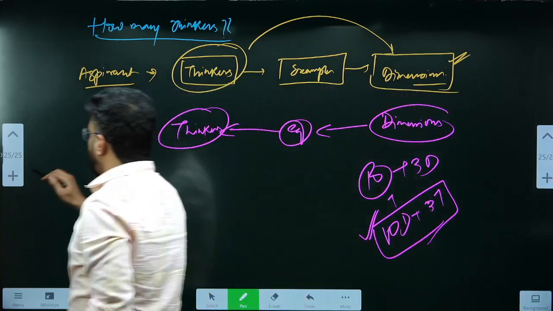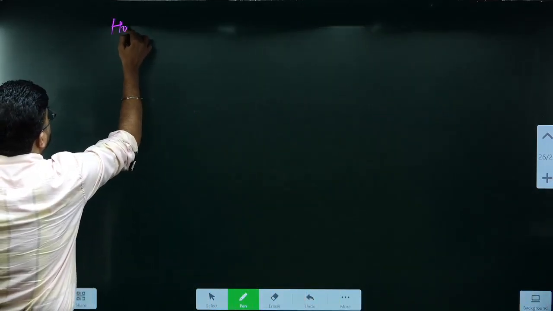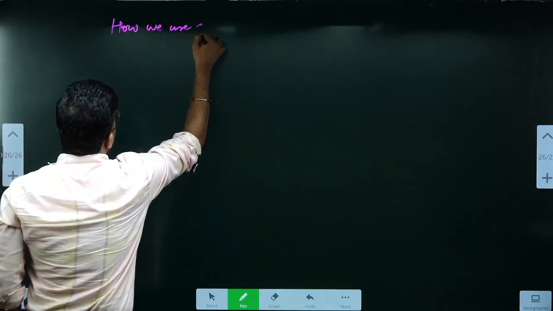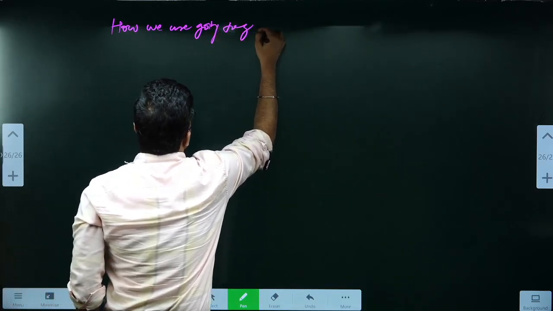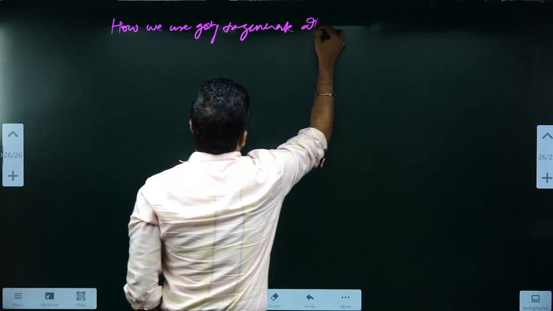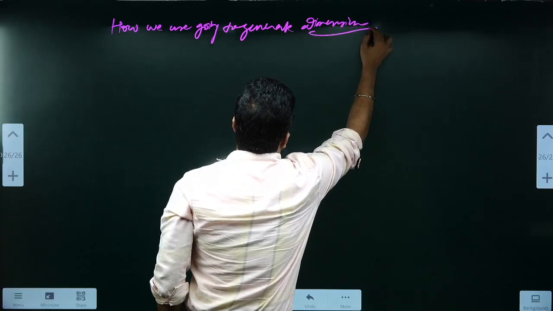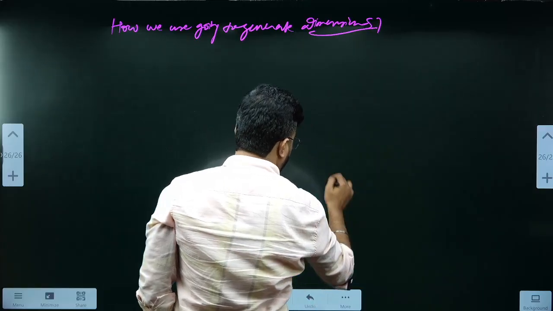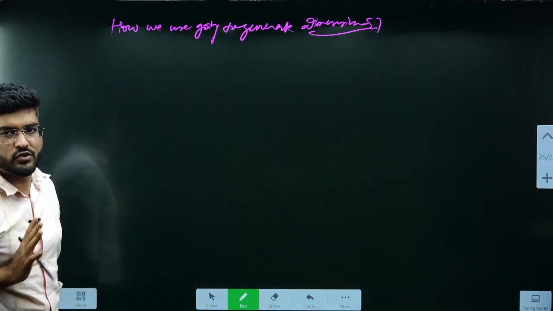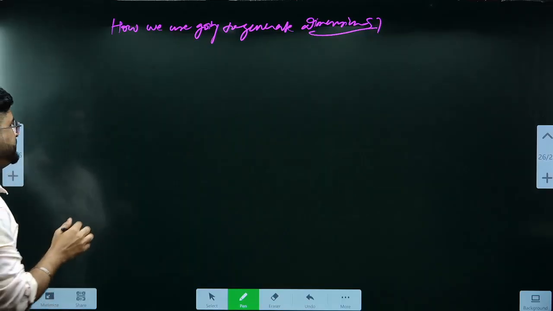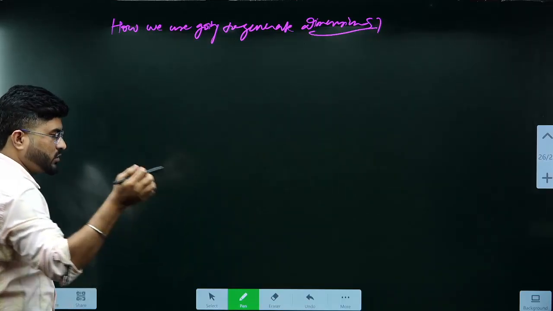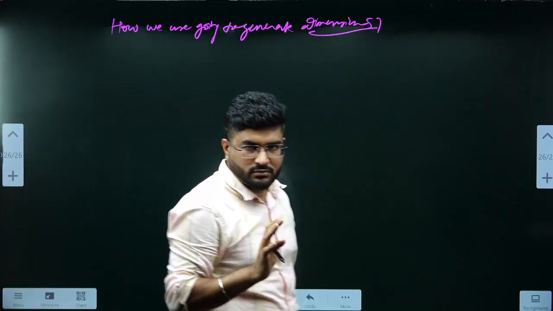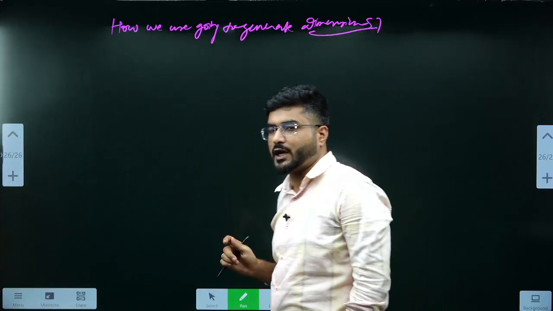Now another question: how are we going to generate dimensions? For generating dimensions, just keep the UPSC sociology syllabus itself in mind. For example, a question comes on child labor: a sociological perspective on child labor.